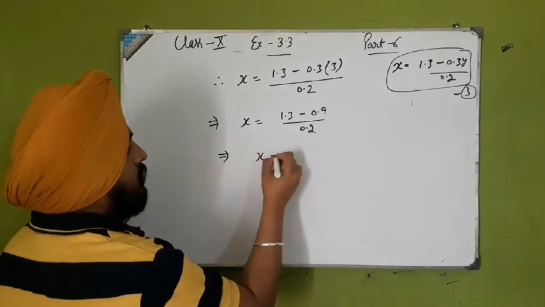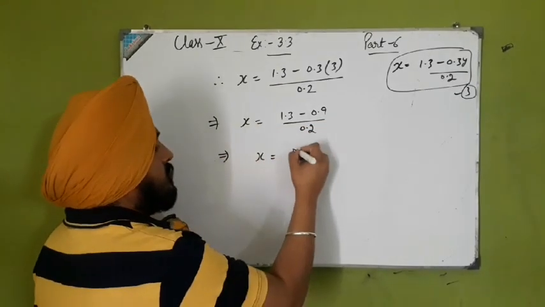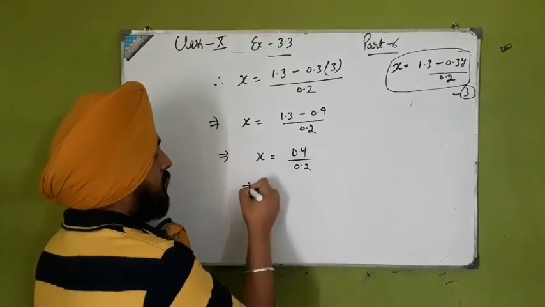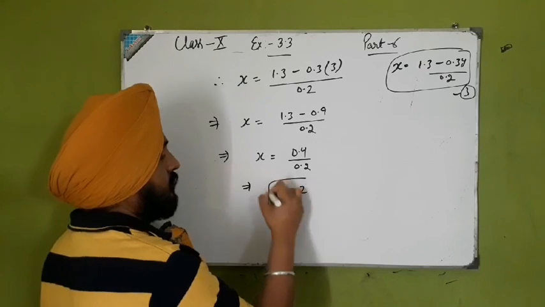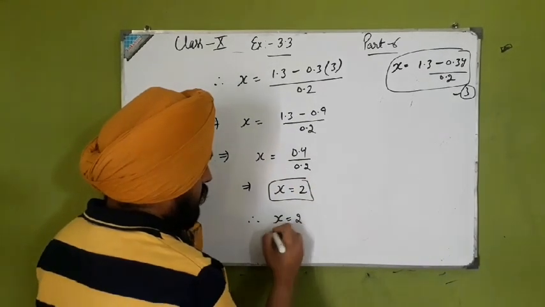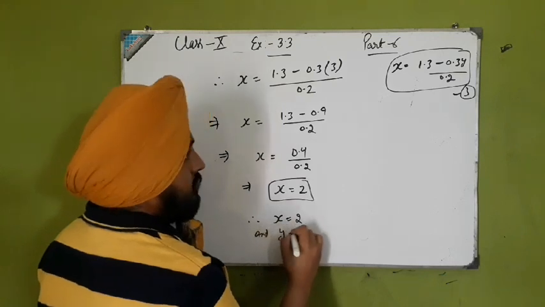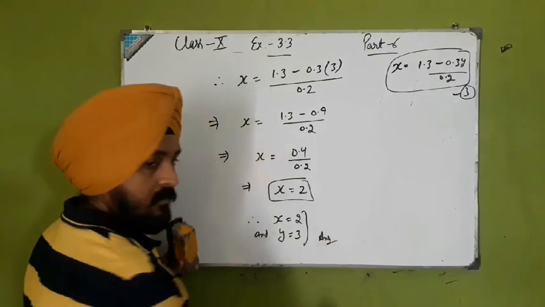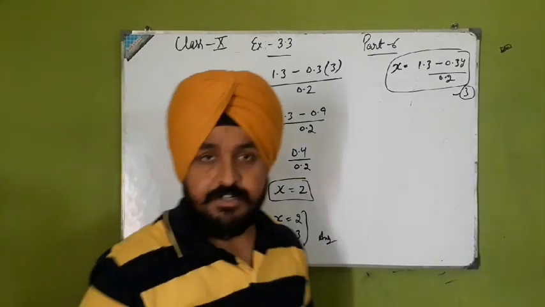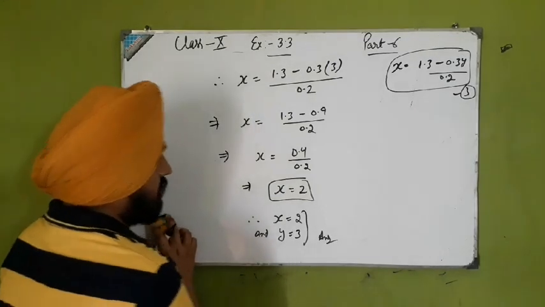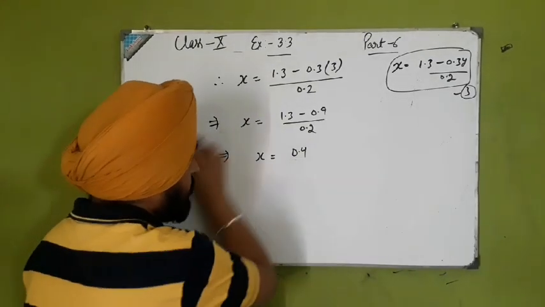It implies the value of x is equal to 0.4 over 0.2. It implies the value of x is 2 there. Clear? Therefore the value of x is 2 and the value of y there is 3. That's all. Clear? Now the next part, that is the fifth part. Clear this question? Now the fifth part.